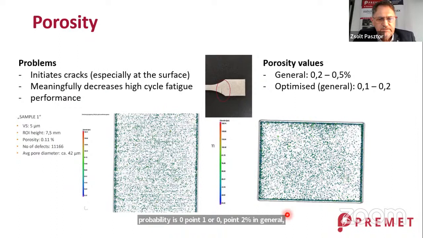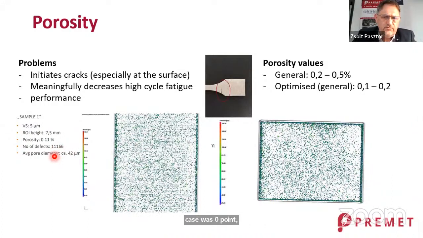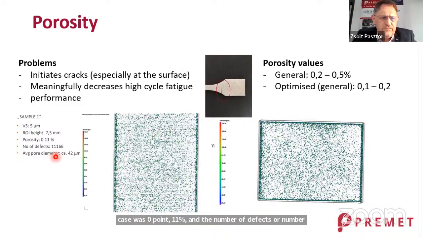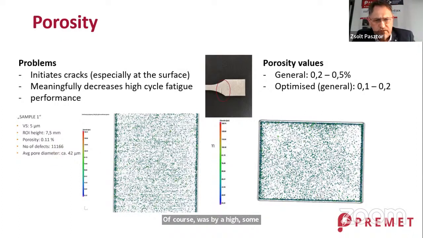Here you can see some images of specimens, and you can see that the porosity in this case was 0.11%, and the number of defects or number of pores was quite high, some 11,000. And as I mentioned, this can be considered a quite good number, or a quite good porosity.